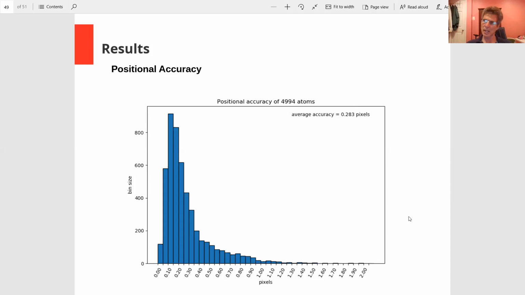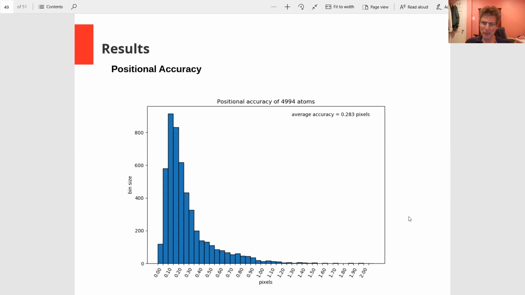Okay, so when I do that, I'm looking at the difference in position between the atom position that's derived from the output map of the neural network and the true atom position, and I'm looking at what the difference is in pixels.